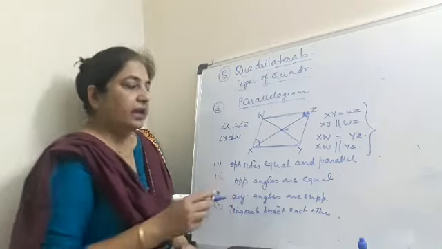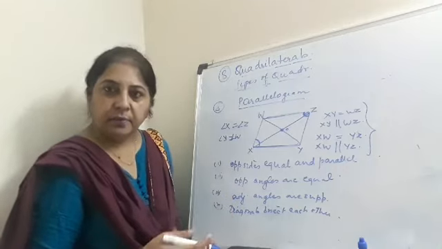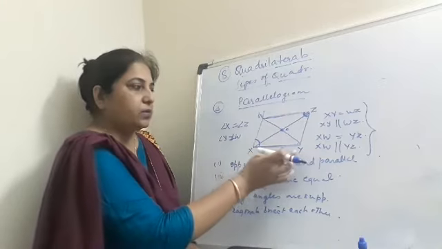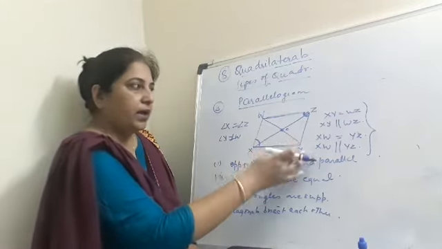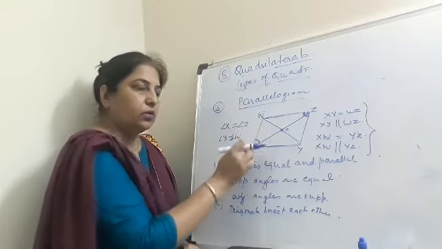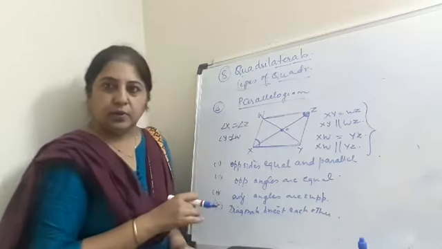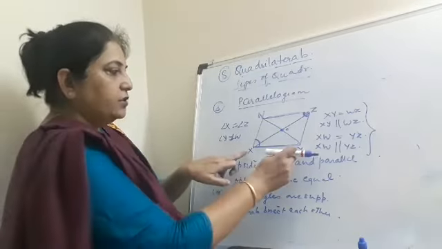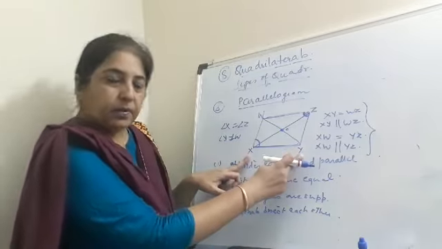And then the adjacent angles are supplementary. You know, X and Y are adjacent angles. So X plus Y is equal to 180. Y plus Z is equal to 180. X plus W is equal to 180, and Z plus W is equal to 180. What I'm explaining once again: these two are adjacent angles, so they are supplementary.